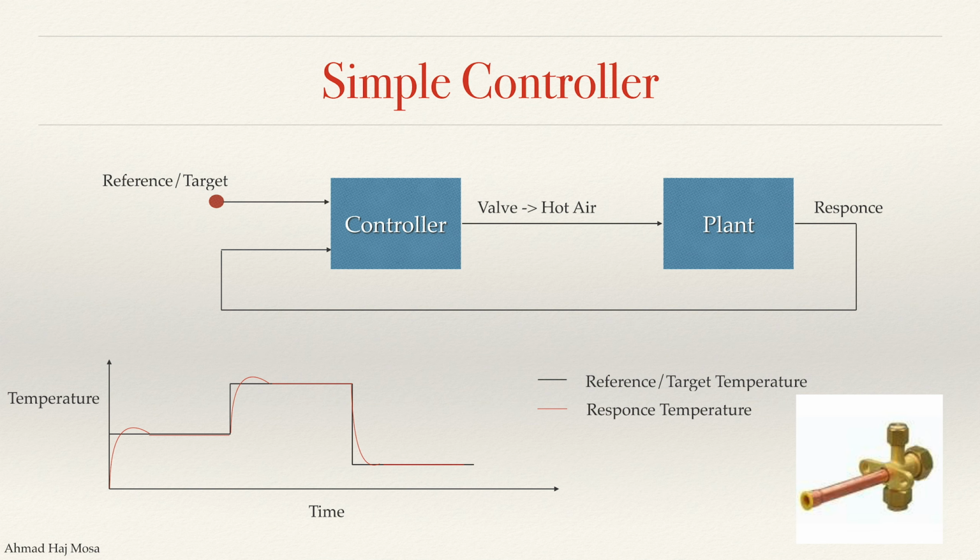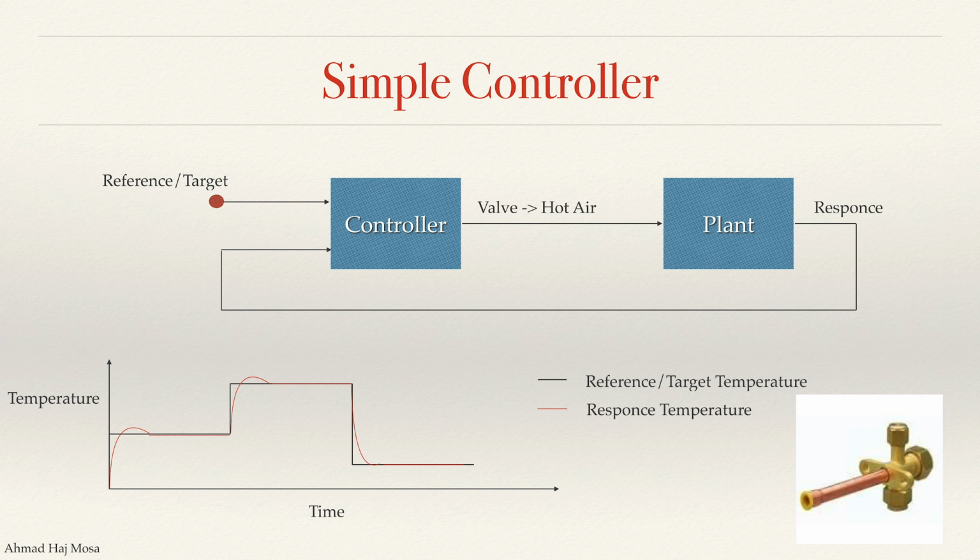So the controller would try to open the valve more and more in order for the temperature to reach the target temperature, let's say 20 degrees. And if the temperature goes higher again, the controller would open less. If I decrease it, the controller will start to close that valve in order to decrease the temperature. So this is the role of the controller.